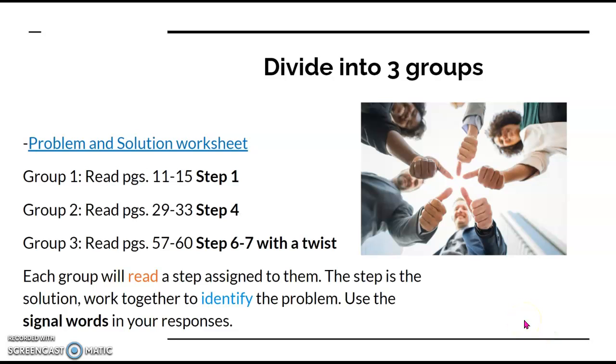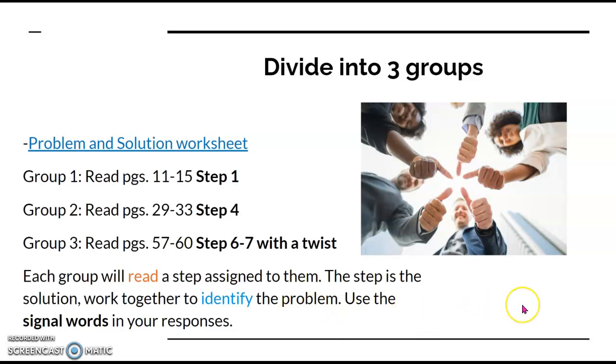The last activity, I had asked you guys to divide into 3 groups and to work on the problem and solution worksheet. Now, each group had a task to read a different section, which ended up being a different step. The step would have been the solution, so we were kind of working backwards and working together to identify what the problem was.